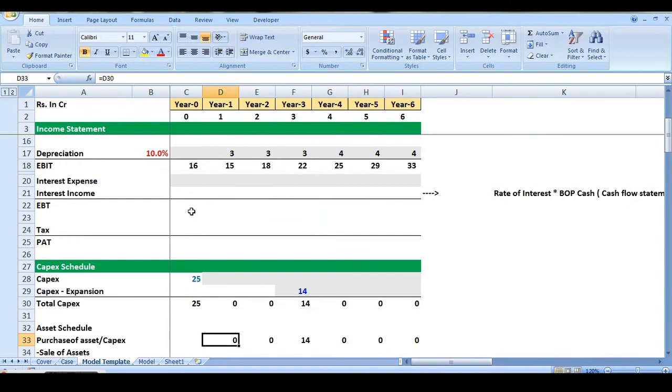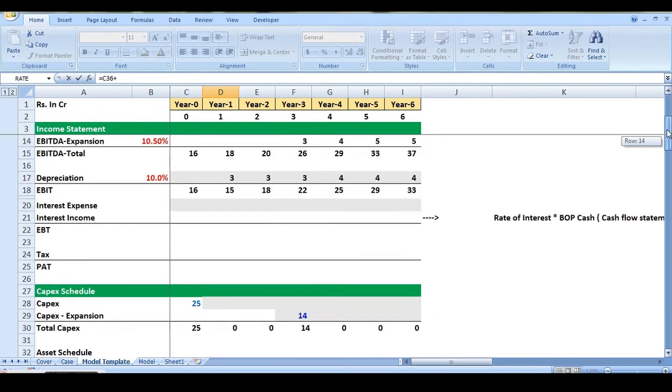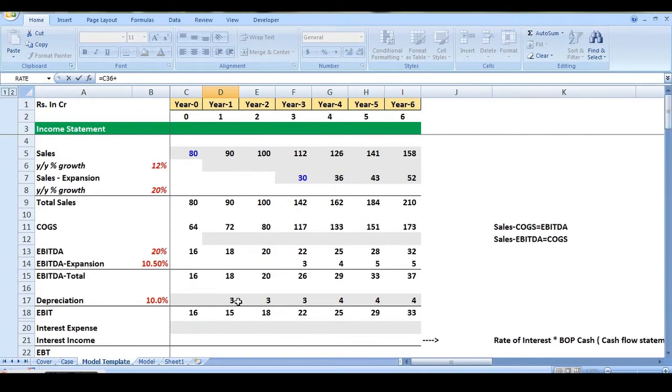Now from these depreciation values, I can calculate the accumulated depreciation and net values of assets as well. We are assuming that there is no depreciation for year 0 in this case. So we will start calculating accumulated depreciation from year 1, which is always equal to accumulated depreciation of the previous year. Listen to me carefully. Accumulated depreciation of the previous year plus the current year's depreciation, which we calculated just now.